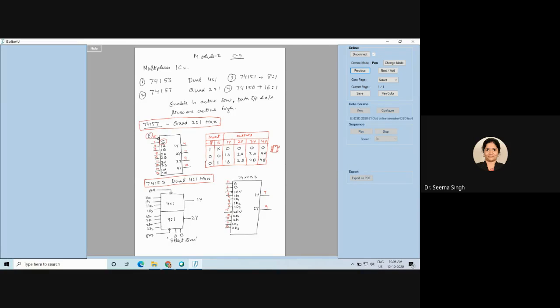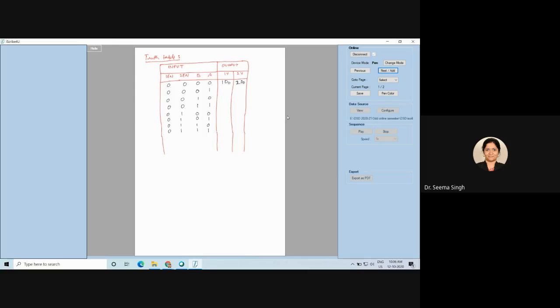If the select line is 0, 1, it will select the second input 1D1 and 2D1 and so on. Okay. So we will have the first one. Now the second one, the second data line will be connected. So 1D1, 2D1. Same way you will have 1D2 and 2D2. And this one you will have 1D3, 2D3.